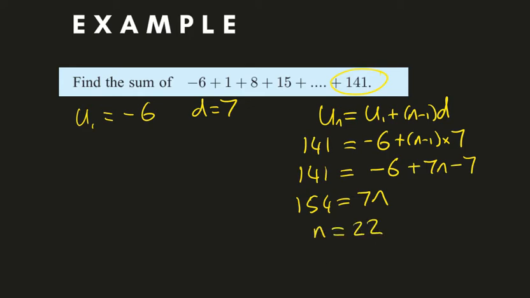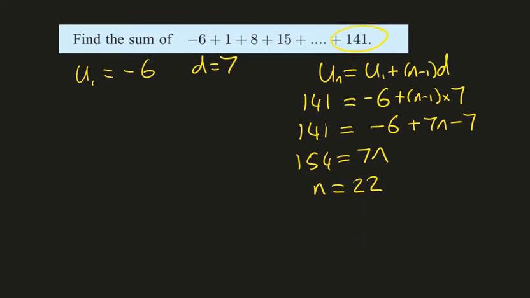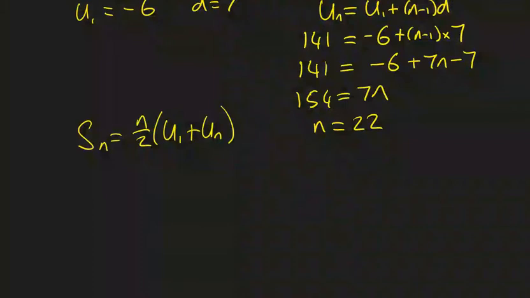So now I know there are 22 terms in this list, and I can go on and use one of my series formulas. I think the one I'm going to use is Sn equals n over 2 (u1 plus un), as we've got un, it's 141. Why make it hard for ourselves? Let's pop the numbers in and get this one.